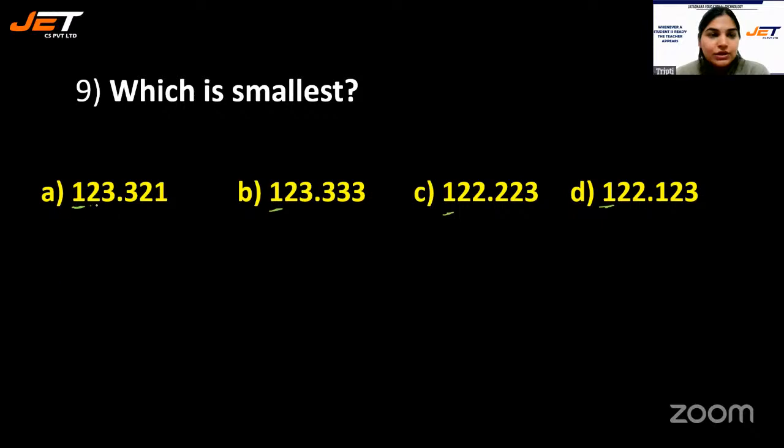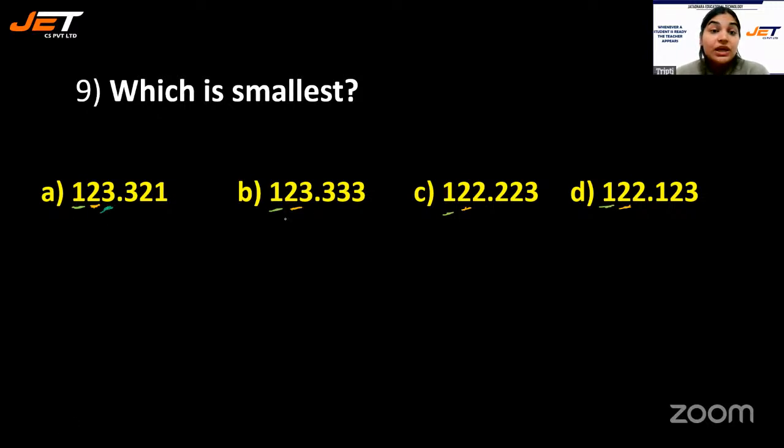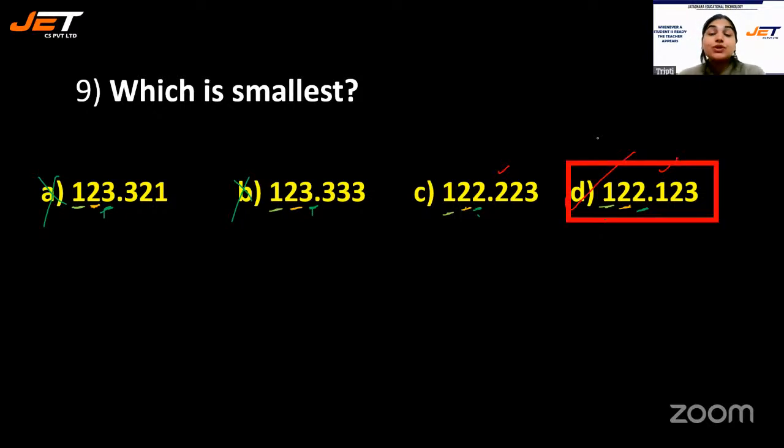Then 2, 2, 2, 2, same. After that, we have 3, 3, 2, 2. The 3s can't be taken because 3 is greater than 2. So now we have only options C and D left. After the decimal, here we have 2 and here we have 1. Which is smaller, 2 or 1? So 1. That means 122.123 is smallest.